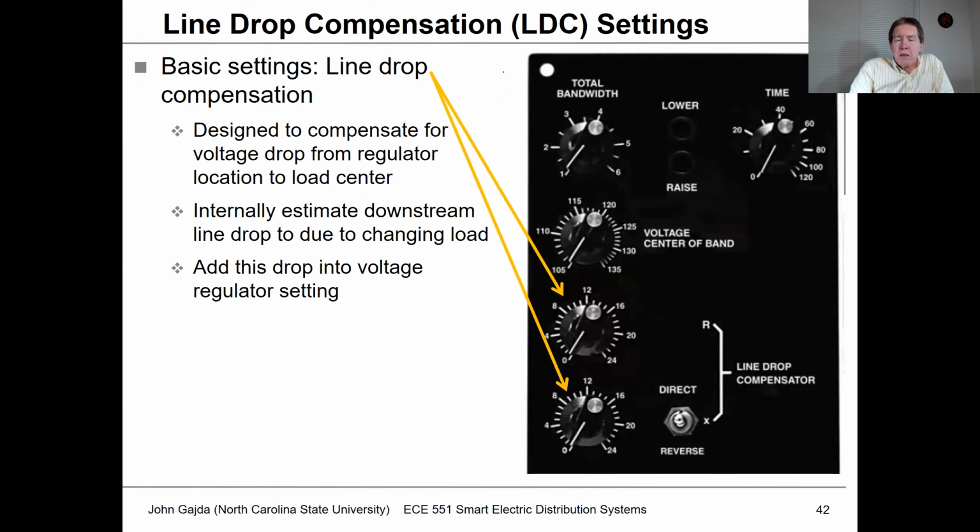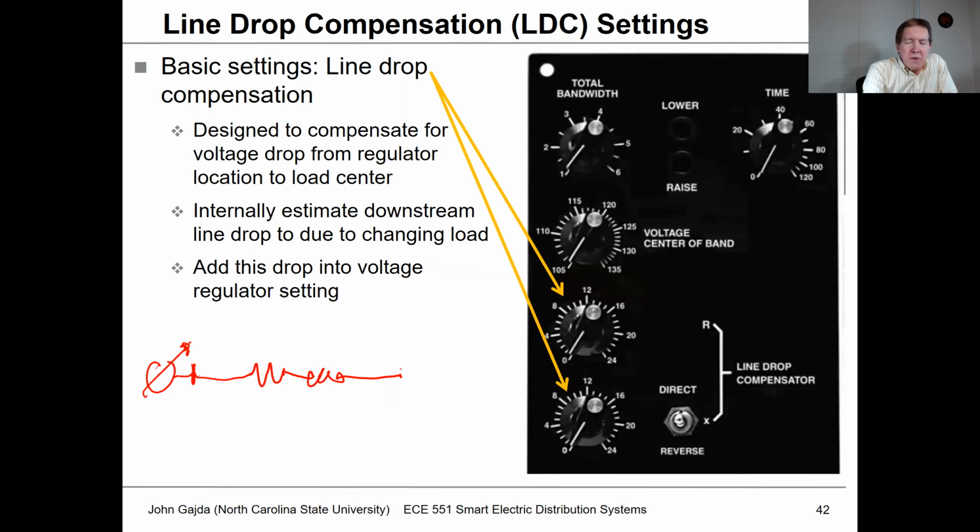The other capability we have on these voltage line regulators is what's called line drop compensation. Suppose I have a line regulator that's adjusting the voltage, and then I have line impedance.